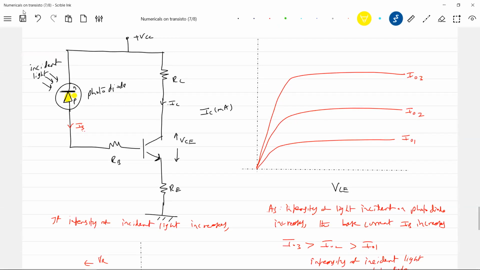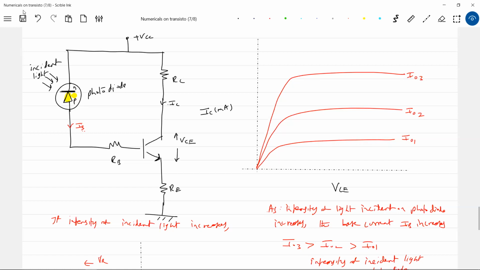It should be reverse bias photodiode. No, the same photodiode, if I connect P to here, if I reverse the polarity, then if I increase the intensity of light, what will happen? The curve will be horizontal.